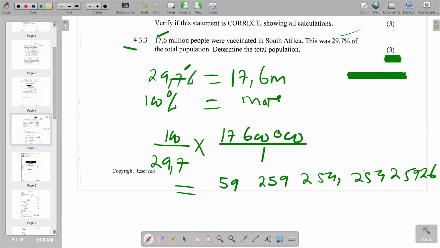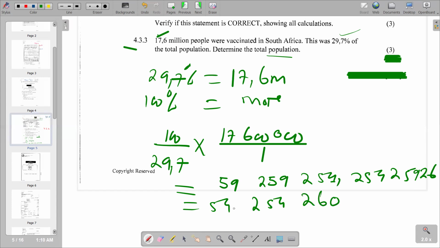And obviously we can try to round it off, because we have 259 point 26. In our question we are calculating the total population, so we have 0.26, which we can round up, and we get 59,259,260.